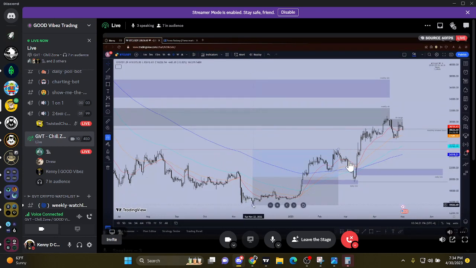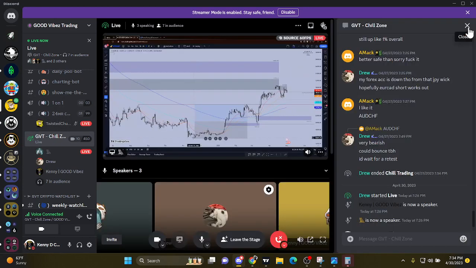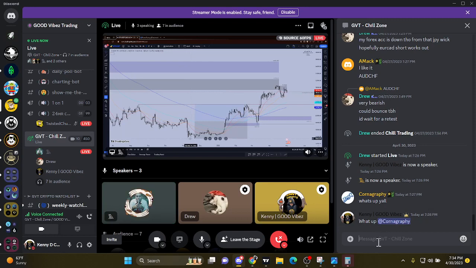So, premium discount from this low. This is a long-term low because we have a low here and a lower low here. So, a higher low right here, higher low right there.